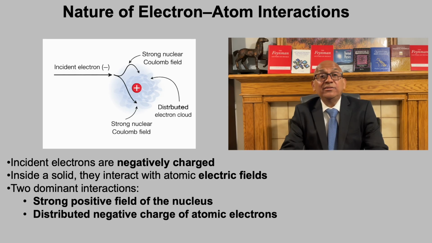Second, there is the more spatially distributed negative charge of the atomic electrons surrounding the nucleus. Interactions with these two regions of the atom occur in very different ways and lead to fundamentally different scattering behavior. This distinction forms the basis for understanding how electrons are deflected, how they lose energy, and how different signals are generated in the SEM.